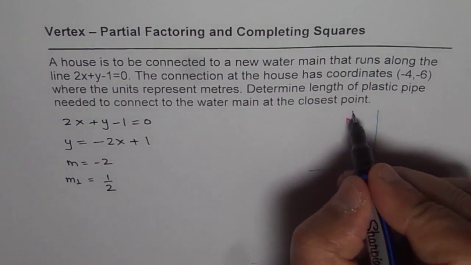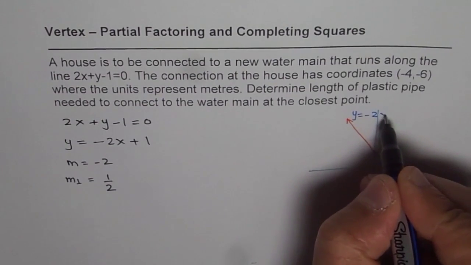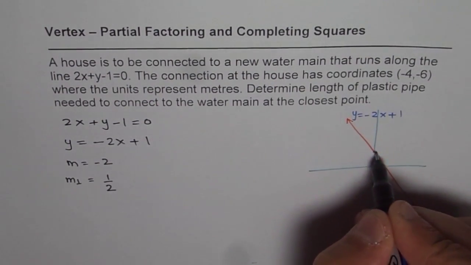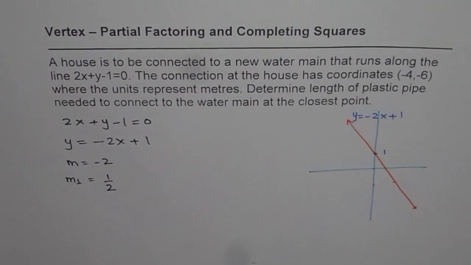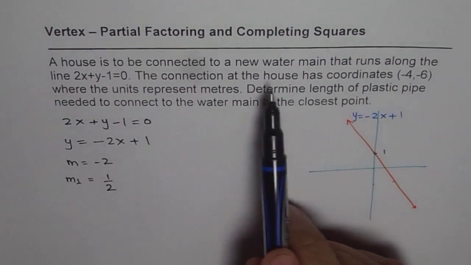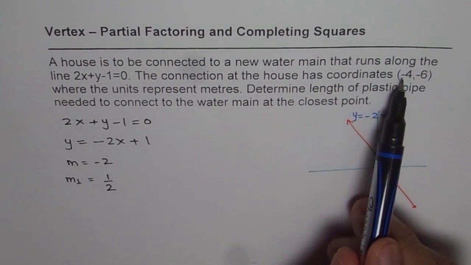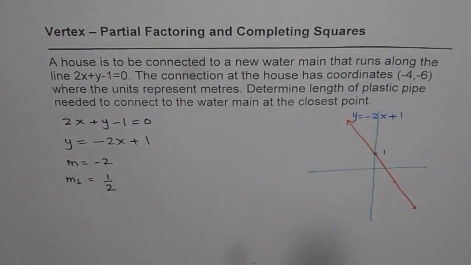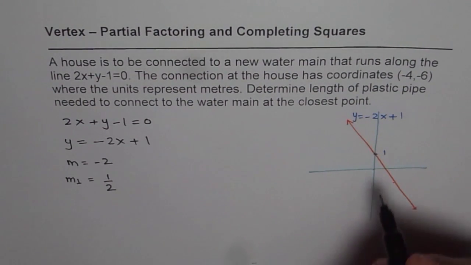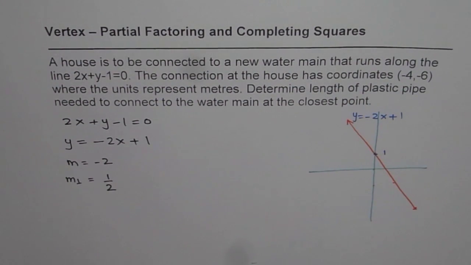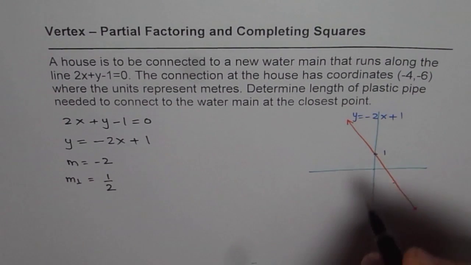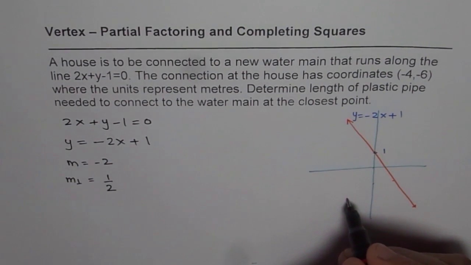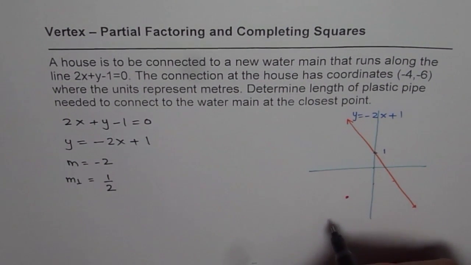So let me write down here y equals minus 2x plus 1, and this point is 1 for us. Now we are given the house coordinates as minus 4, minus 6. So let us say the house is located somewhere in this quadrant, somewhere here, right?